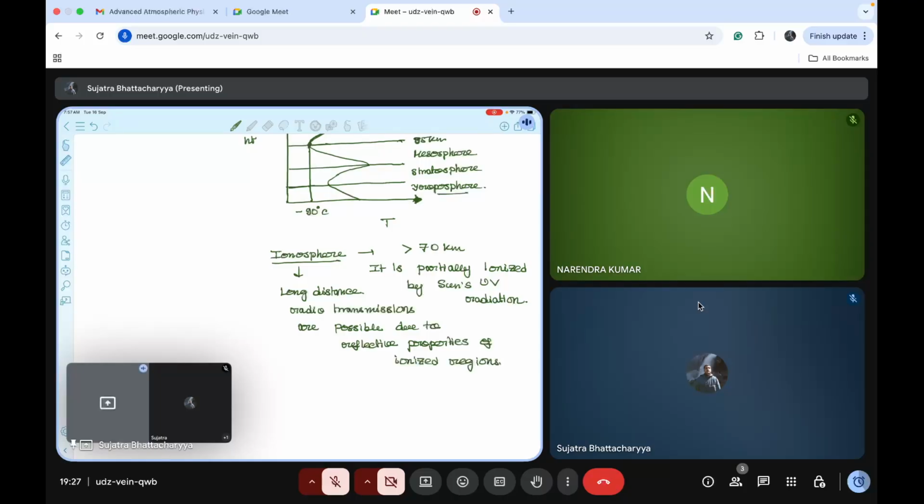So this is one of the advantages of the ionosphere, where radio transmissions are possible because there are certain regions which are ionized, and those ions have reflective properties, particularly for radio wave transmission.